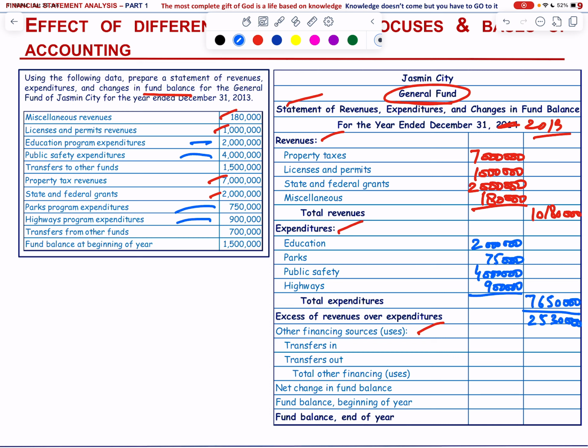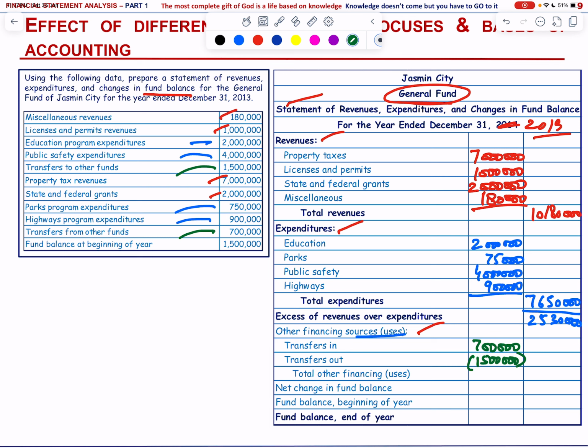Then we look into the other financing sources and uses, and these include transfer ins and transfer outs. Transfer out is 1,500,000, and the transfer from other funds is 700,000. So transfer ins is 700,000 and transfer outs are 1,500,000.